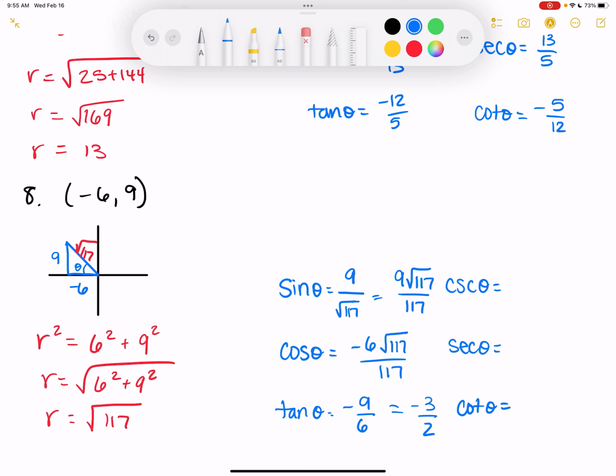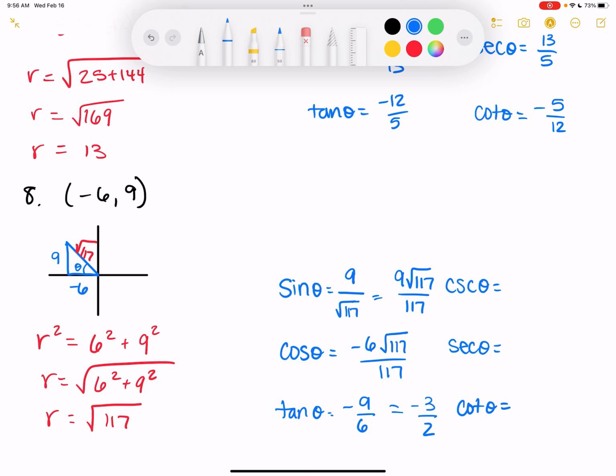If you had reduced the sine to be the square root of 117 over 13 or something like that, that's fine. But I'm also okay with you leaving these really big ones like that. If it's something like 9 over 6, it should be very obvious that we can simplify it. But I'm less stressed about that. If you can set it up, that's the concern for trig.